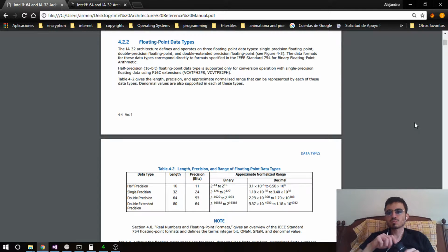So let's see what we find out about the IA-32 processing floating point data types.